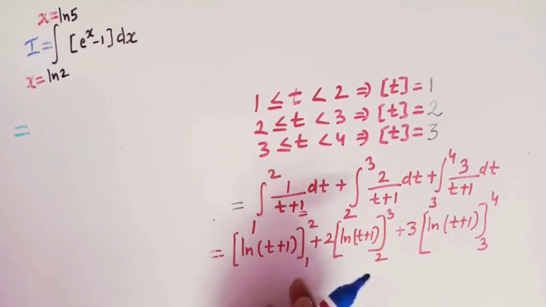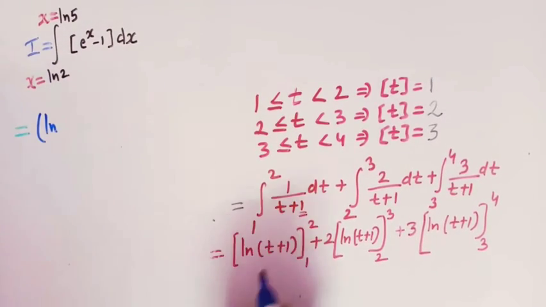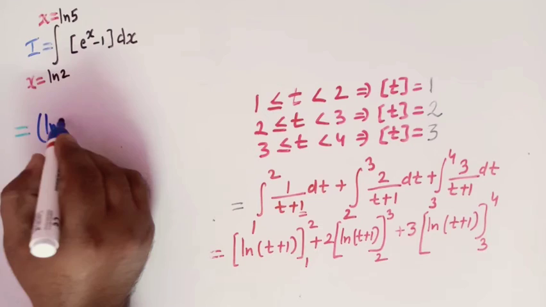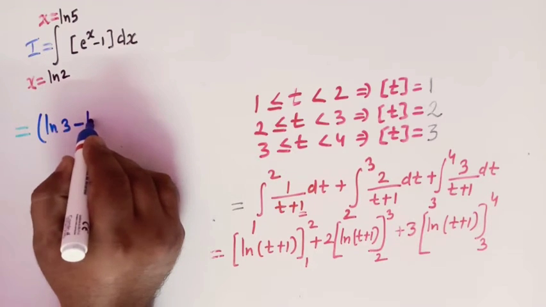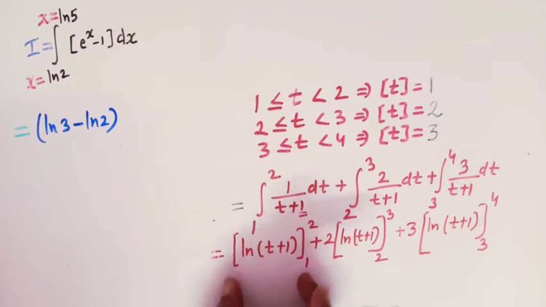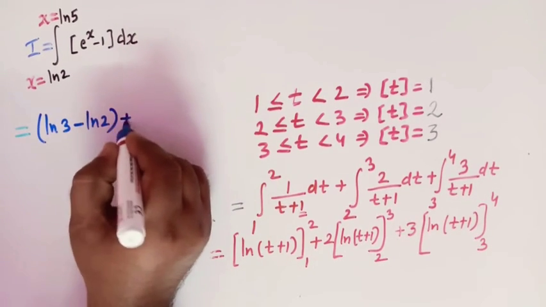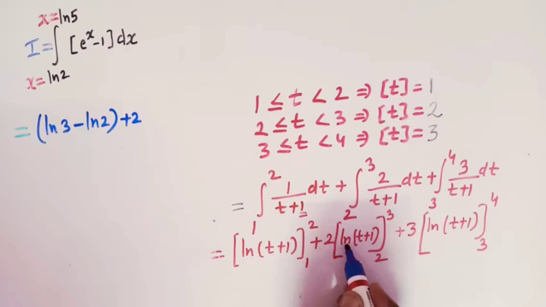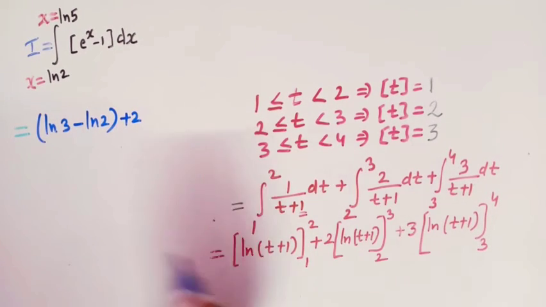So now substituting the limits here, we'll have log of 2 plus 1, 3, minus log of 1 plus 1, 2. So we have log of 3 minus log of 2, then we'll have 2 times, here we'll have t equal to 3, so 3 plus 1 is 4.